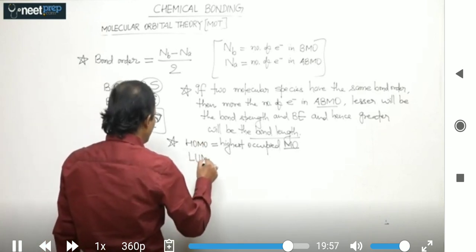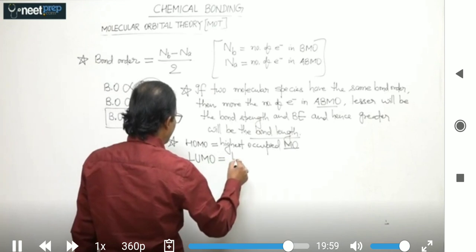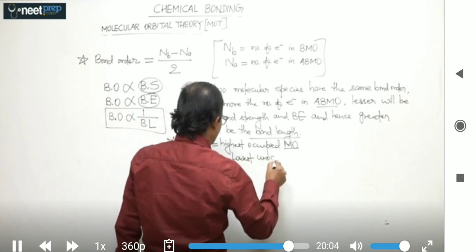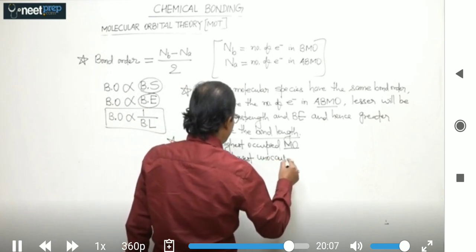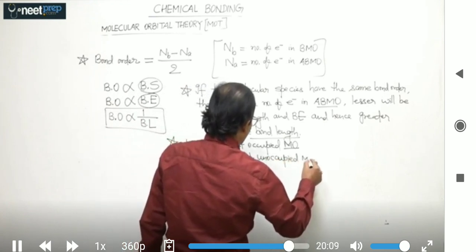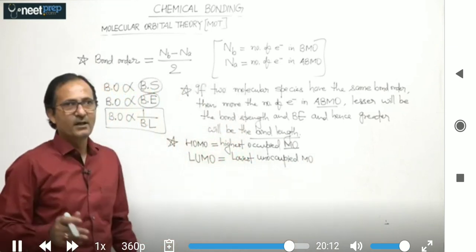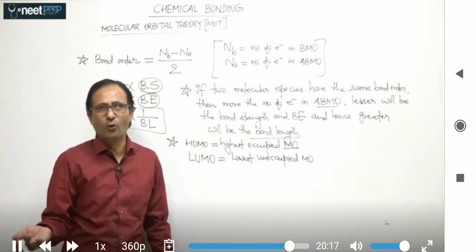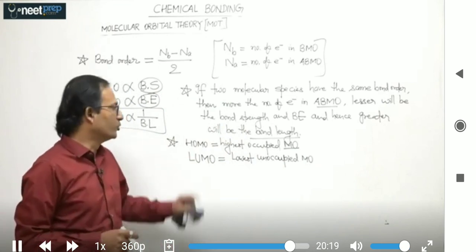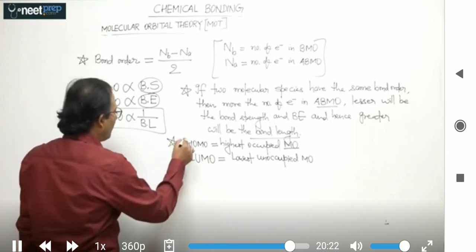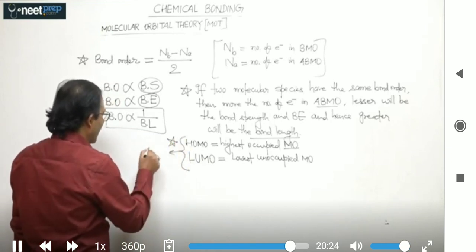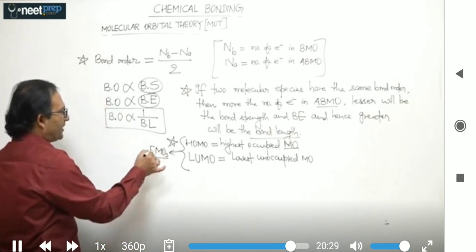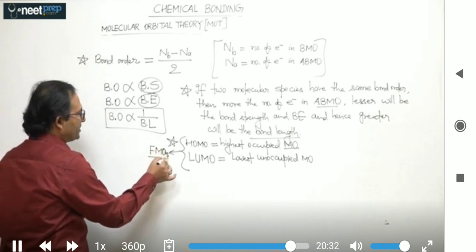And LUMO, its full form is lowest unoccupied molecular orbital. That is, the vacant molecular orbital just after HOMO is called LUMO. And HOMO and LUMO are FMOs, that is frontier molecular orbitals.